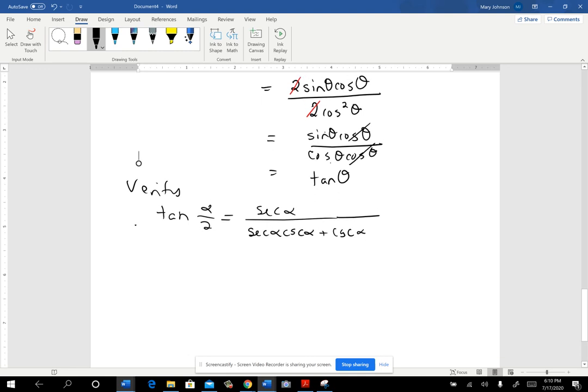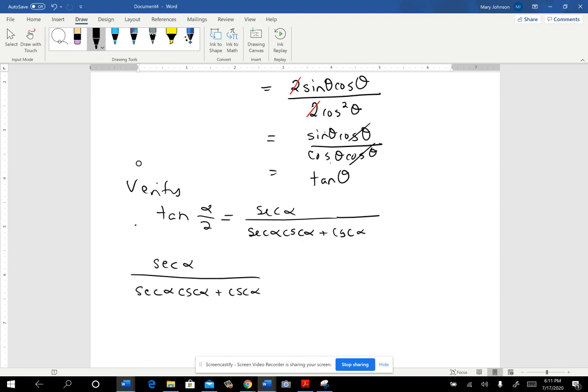Well, I think what I would do is probably start with the right-hand side because it looks more complicated, and get rid of the secants and cosecants and write them in terms of sines and cosines.